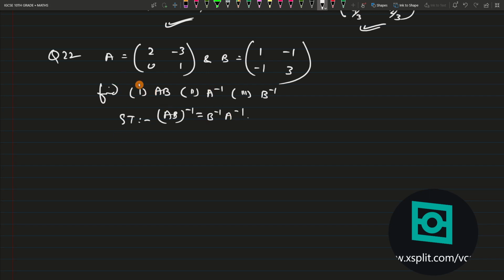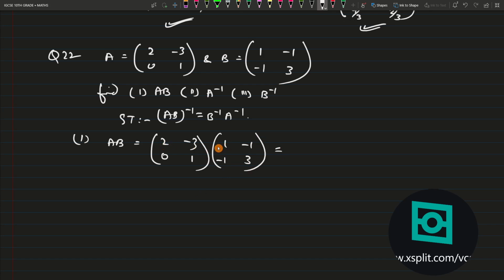So first of all, starting with A this and B is this, these are the two matrices. First let us try to find out AB. So AB will be 2 minus 3, 0, 1 times 1 minus 1, minus 1, 3. Okay, now this will be equal to first row, first column you have to multiply.